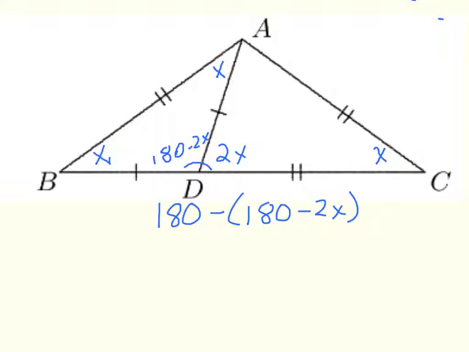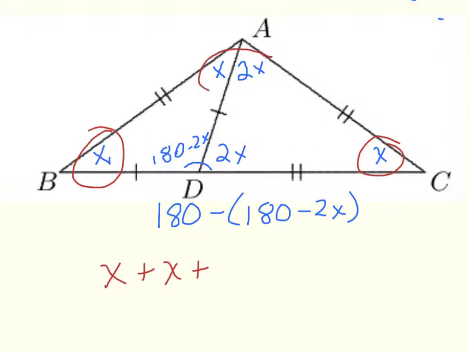Okay, so that last angle we don't have, can we find that? Isosceles. Right, that's an isosceles triangle, so that would be 2x. Okay, now what can we do to solve for x? Add them all up and so they equal 180. So I'm going to add up x plus x plus, and then I have this up here.